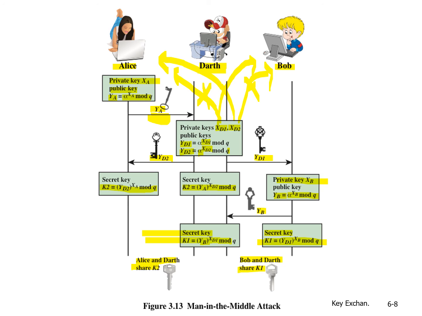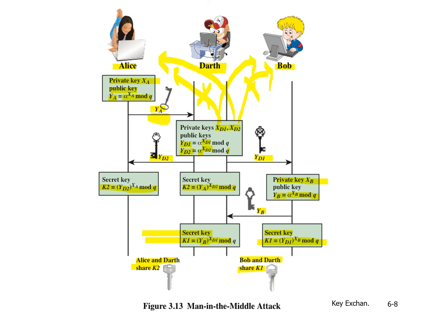The problem is Alice considers K2 as the key between Alice and Bob.